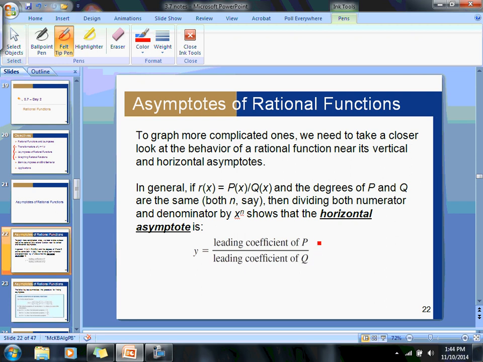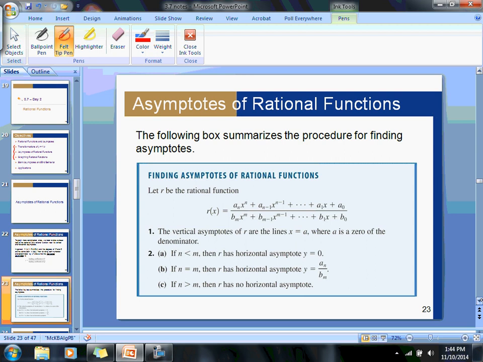If the degree of the numerator is less than the denominator, then we'll just automatically use y equals 0. And if the degree of the numerator is greater than the degree of the denominator, we don't have any horizontal asymptote. Okay, so those are all the characteristics that are listed here.